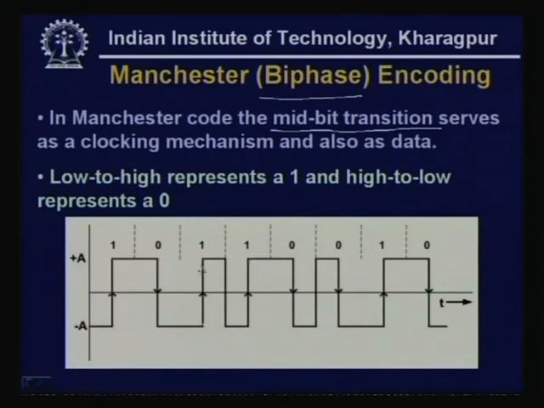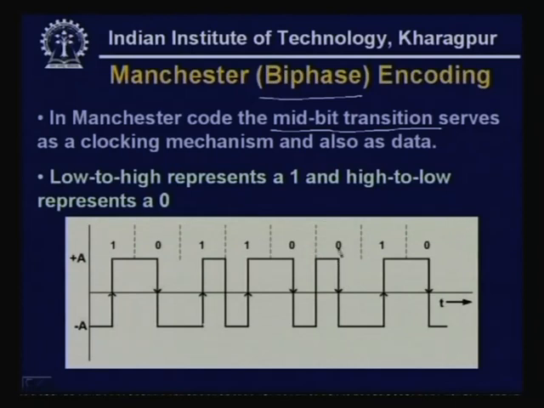That means, whenever you have 2 consecutive ones, as you can see, the transitions will be low to high, high to low, then low to high. On the other hand, whenever you have two consecutive zeros, again there will be a transition from high to low, low to high, again from high to low. So, the number of transitions is more for consecutive ones and consecutive zeros.